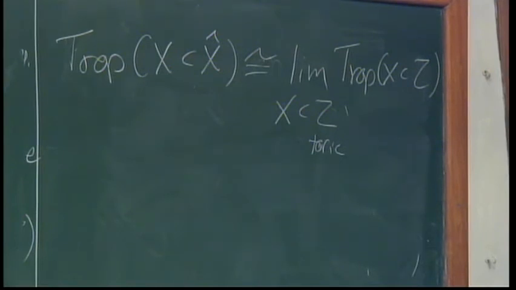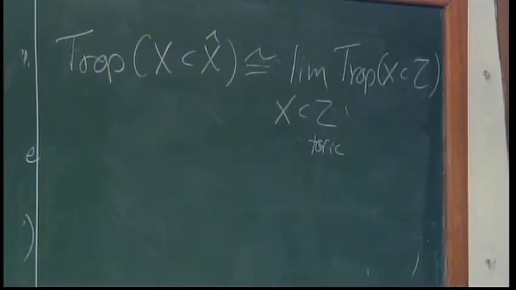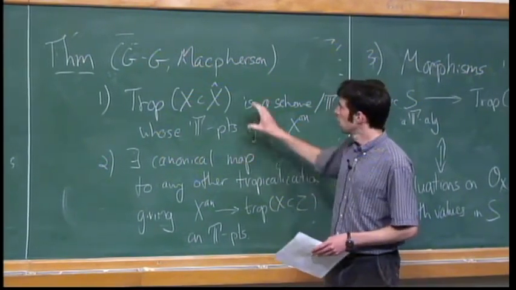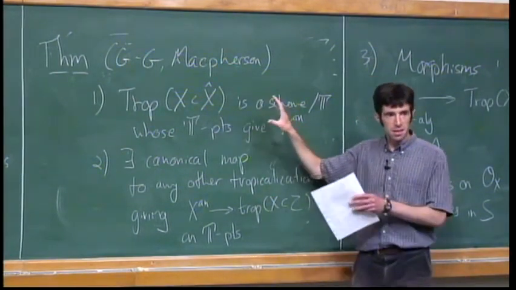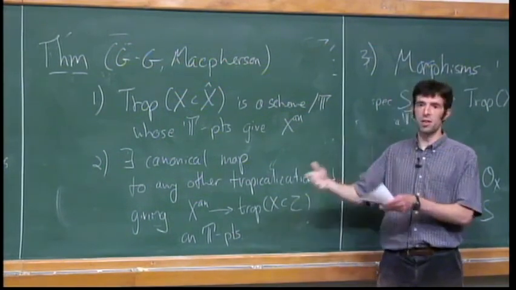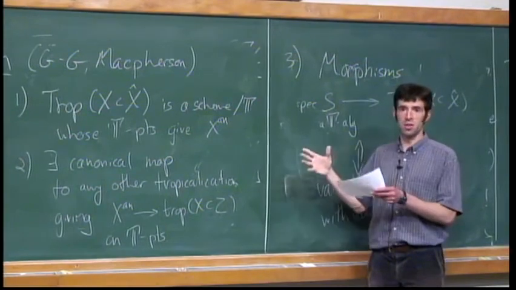So now let me try to say a little bit about who did what here. In Andrew's thesis and in the first paper that Noah and I wrote, we produced this universal tropicalization as a scheme, but not as a tropicalization. Noah and I wrote down generators and relations, and Andrew used some very nice universal properties to produce a scheme.